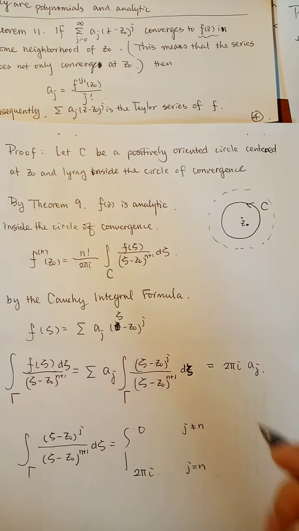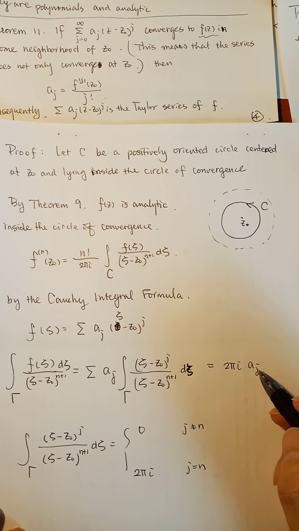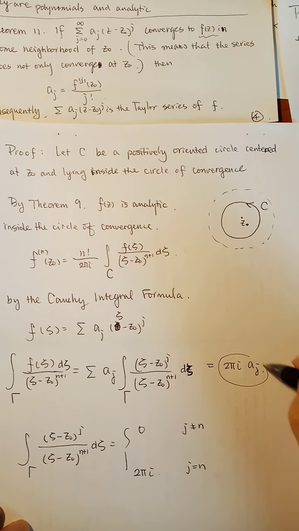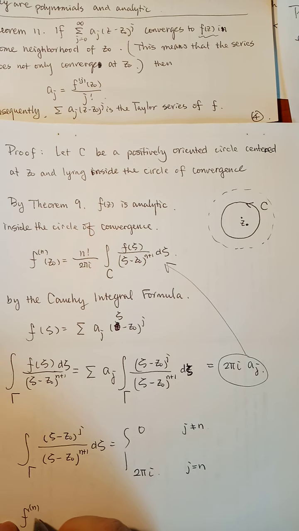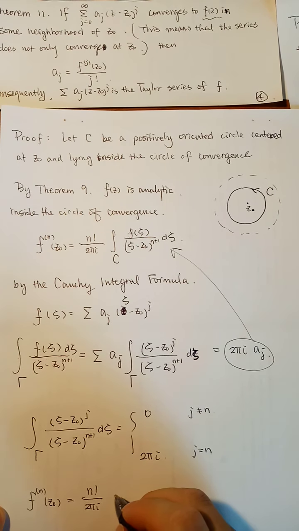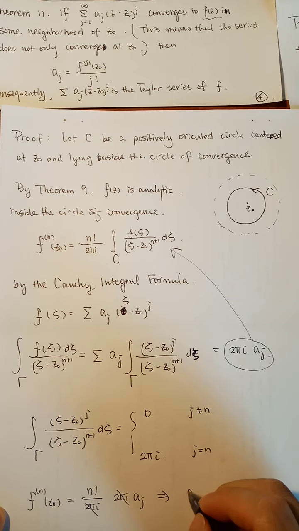Okay, so what do we get? This integral is 2 pi i times aj. You plug in here, you get the nth derivative of f at z0 is equal to n factorial over 2 pi i, and then this 2 pi i times aj. So cancel 2 pi i, you will get aj is an.